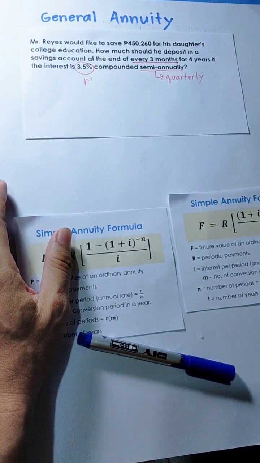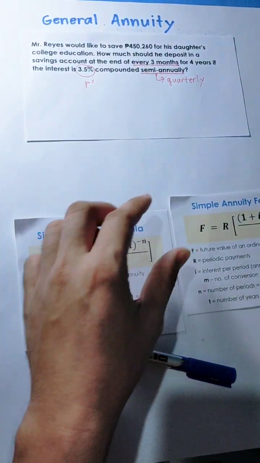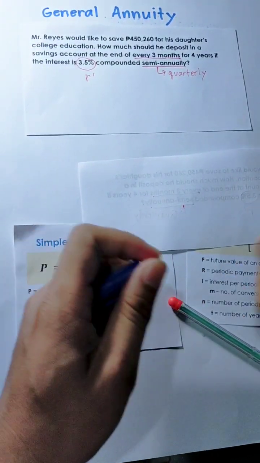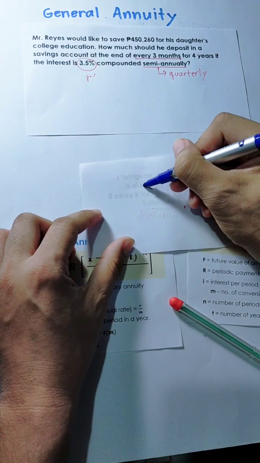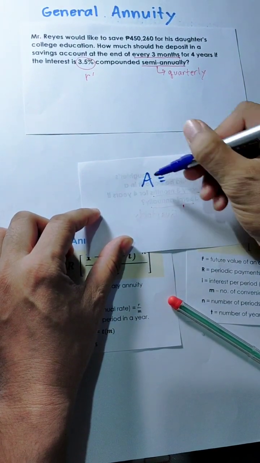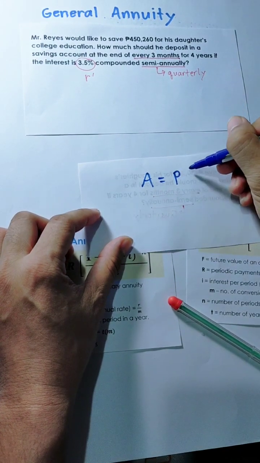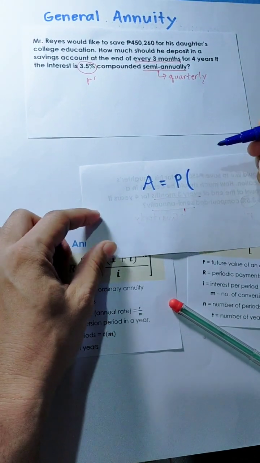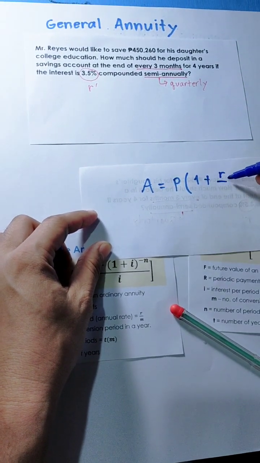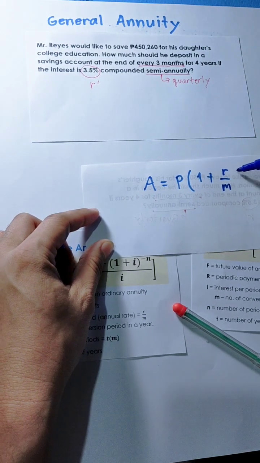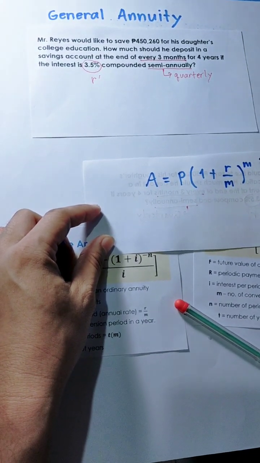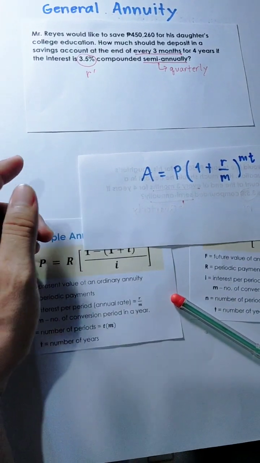Now, what we shall do is apply another formula. If you remember, the formula for compound interest is the amount equals the principal times 1 plus the rate over the compounding period, raised to the compounding period times the time, the length of time of payment.